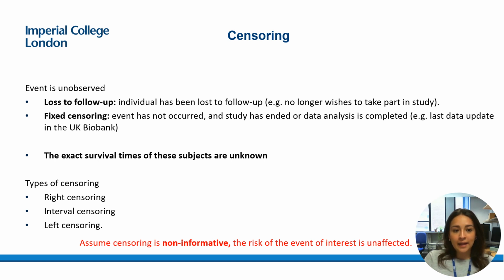Okay, and there are three different types of censoring that I will get through on the next few slides. So first of all, it's right censoring, interval censoring, and left censoring. And we assume that censoring is non-informative. For example, if an individual is censored, the subsequent risk of the event of interest is totally unaffected.